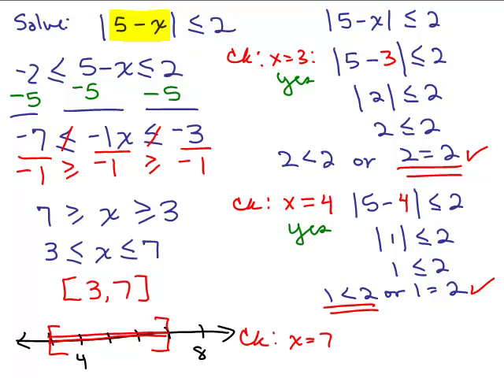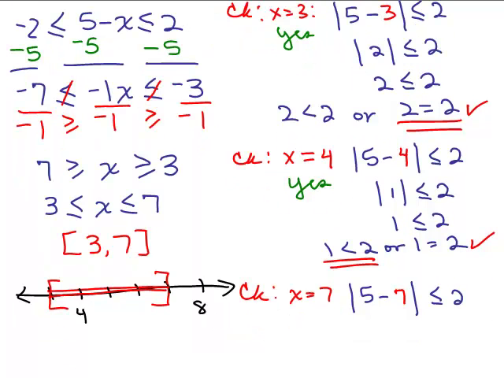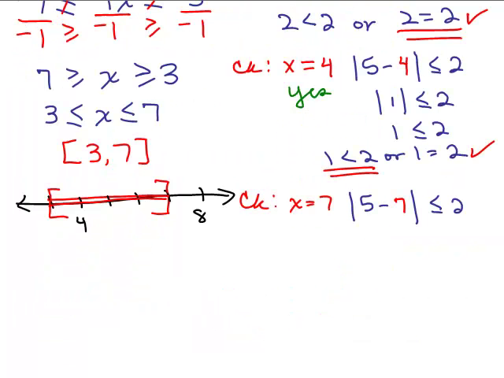x equals 7. So now we would plug in 7 for x. Okay. So we'd have the absolute value of negative 2 is less than or equal to 2. And what's the absolute value of negative 2? It's 2. And what does that mean?